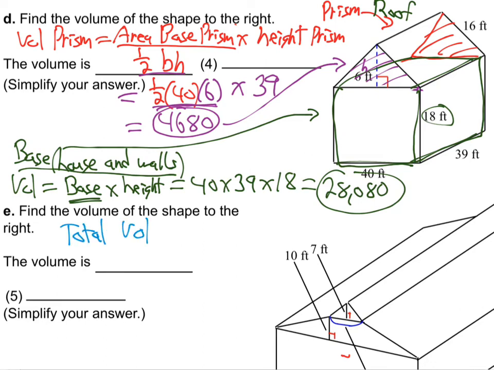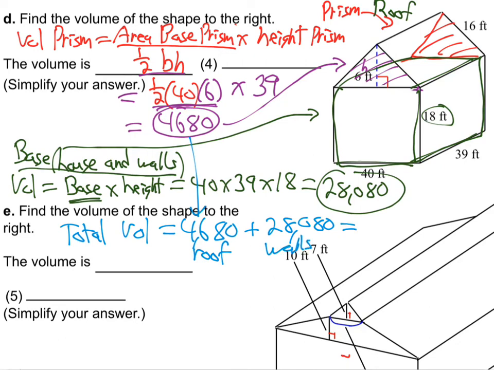All right, so now these two, we've got to add them up to get the total volume. It's going to be the 4680 for the roof plus the 28,080 for the walls of the house. Add those together.